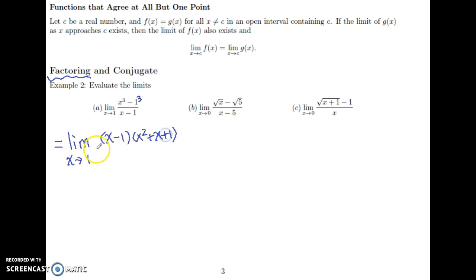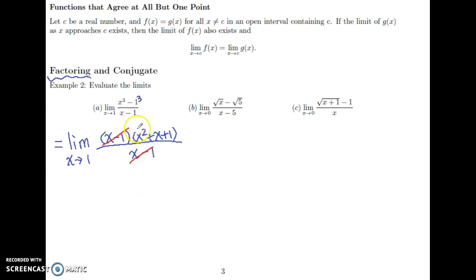If you're not familiar with this, I suggest you review factoring for college algebra. In the bottom is x minus 1. Now we see we have x minus 1 on the top and x minus 1 in the bottom, so we'll be able to cancel this factor.